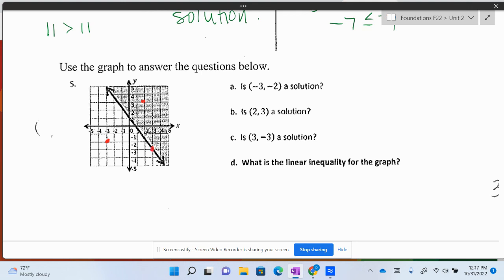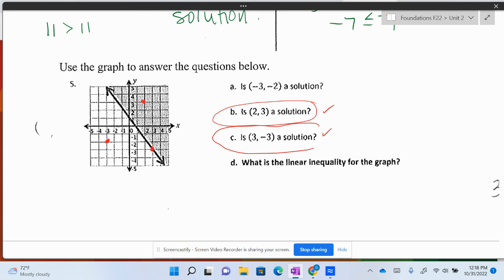So which one is a solution? Isn't B in there as well? Yeah, sure it is. The ordered pair (2, 3) is right there. Remember that any point in that shaded region can be a solution. So inequalities can have multiple solutions.